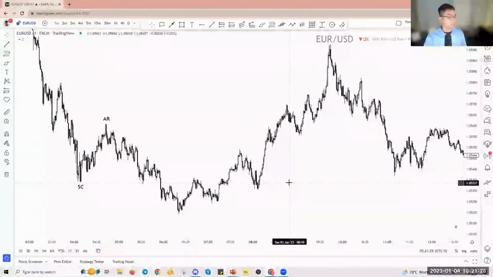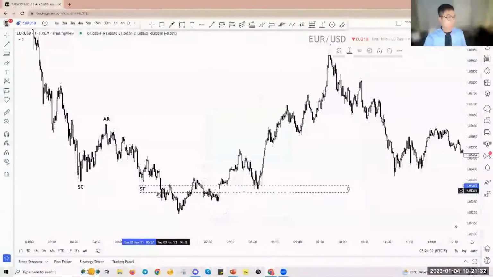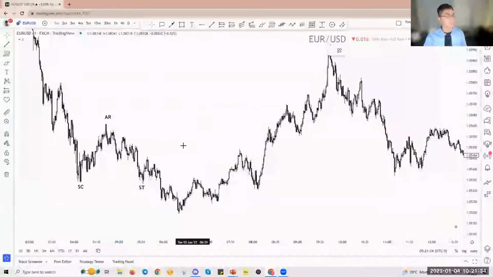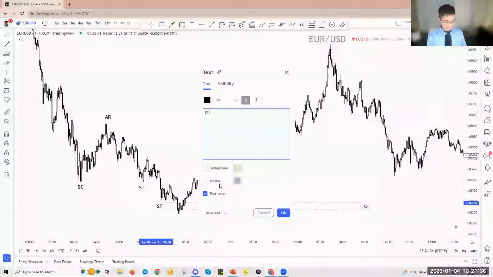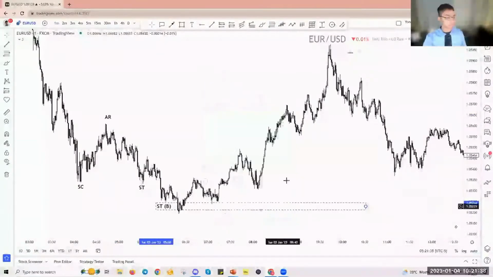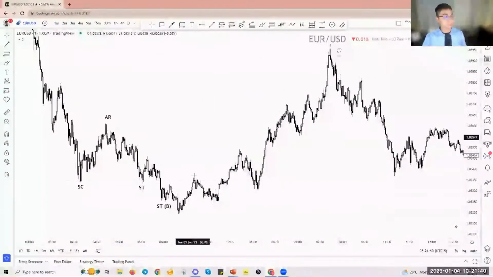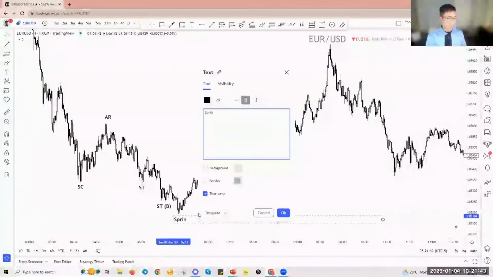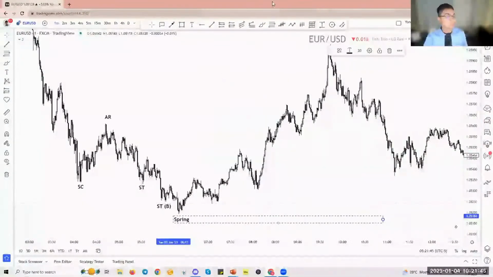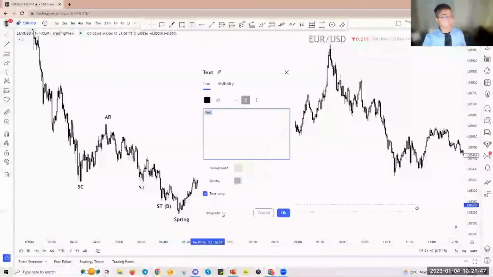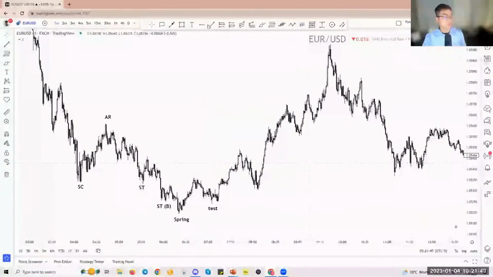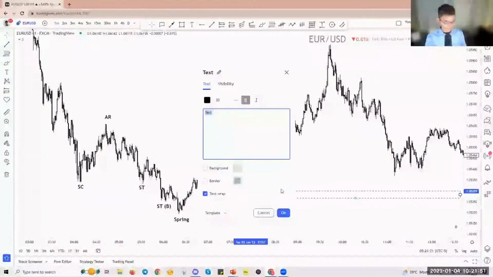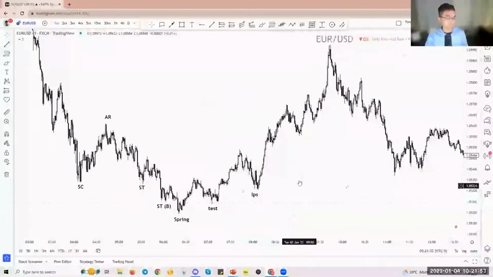Next, we have the secondary test, and I'll write out all the abbreviations in a bit. Secondary test B. Next, we have the spring. After the spring, we have the test. You do not enter on the test. You enter on the last point of supply, the LPS.